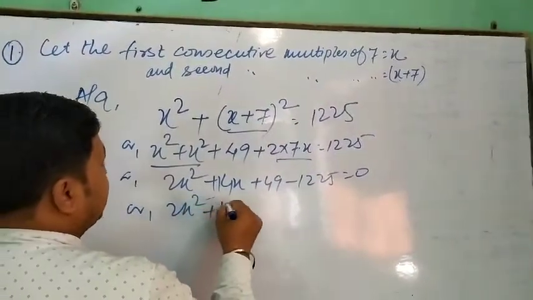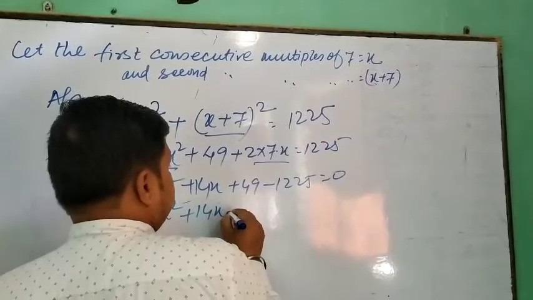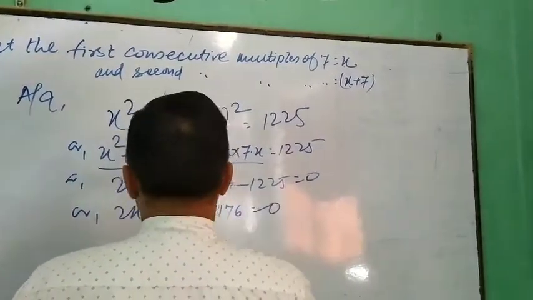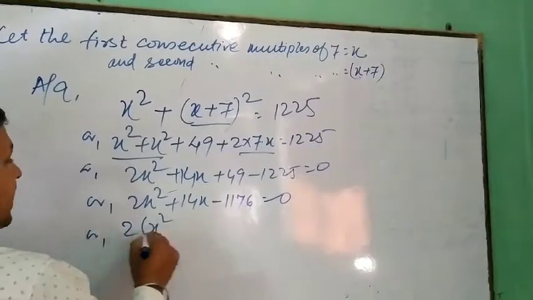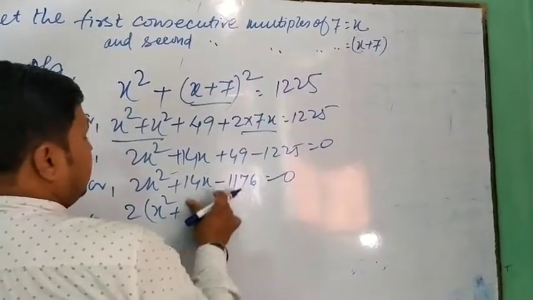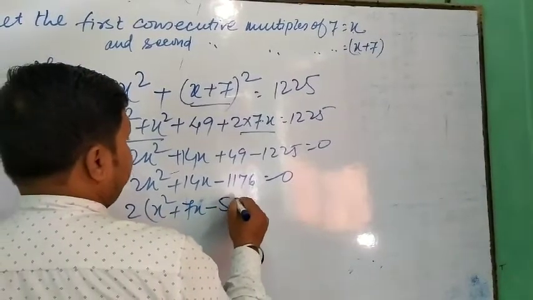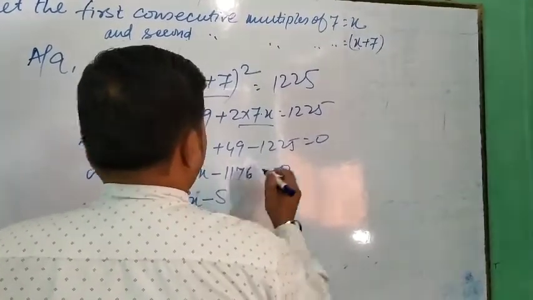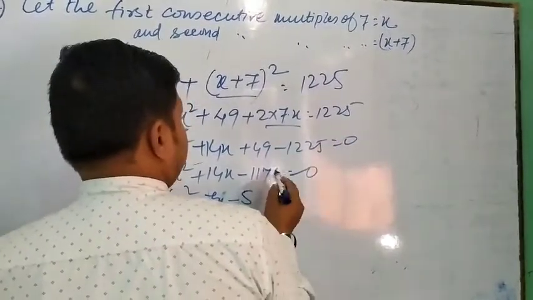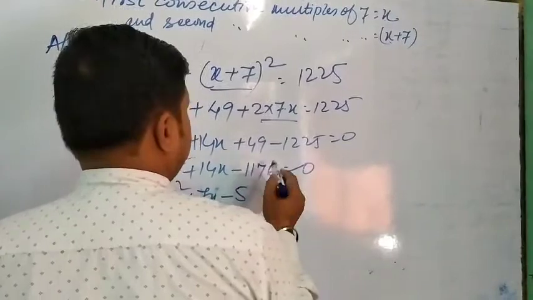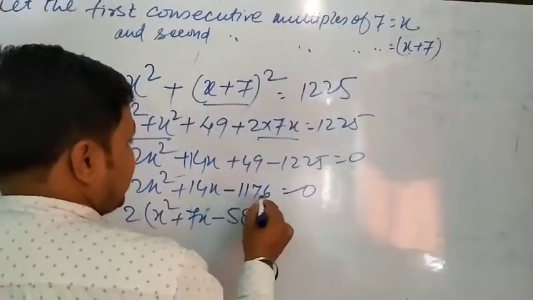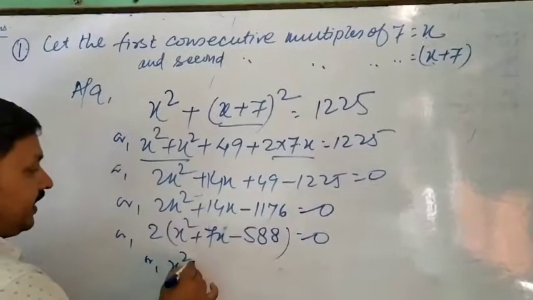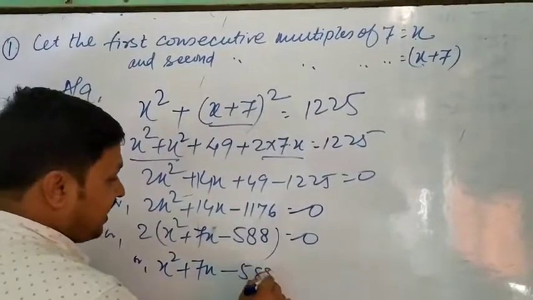That means 2x square plus 14x plus 49 minus 1225 equals 0, that is 2x square plus 14x minus 1176 equals 0. Taking 2 common, x square plus 7x minus 588 equals 0. So your quadratic equation is x square plus 7x minus 588 equal to 0.